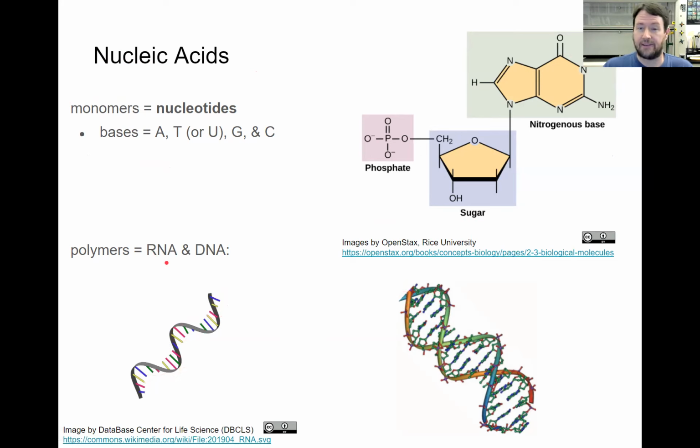So RNA stands for ribonucleic acid. And it's basically usually single-stranded. So we have a single strand of these nucleotides where it goes phosphate, sugar, phosphate, sugar, phosphate, sugar.